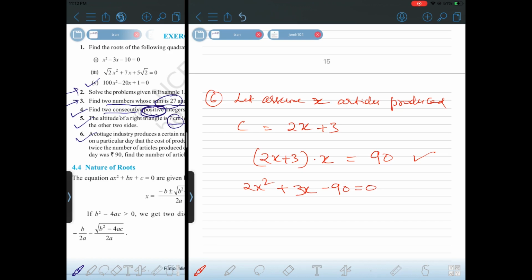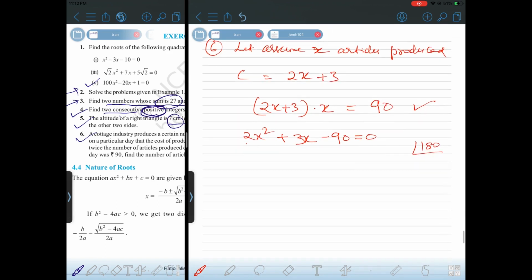So now we have found this equation. Multiplying 2 and 90, we get 180, so let's find the factors of 180. That becomes 90, then 45, then 15, then 5, and again 5.